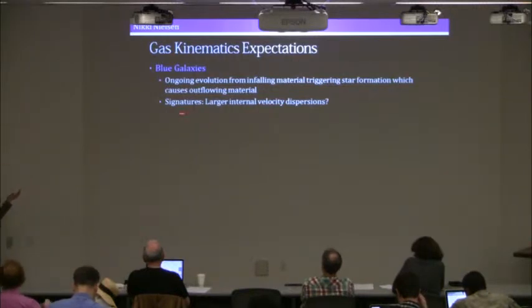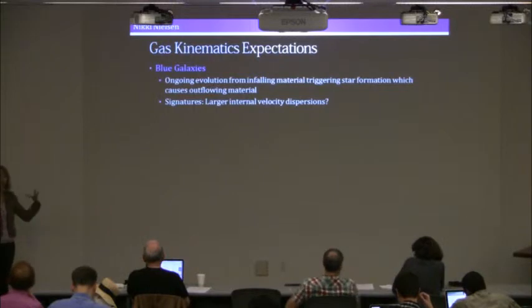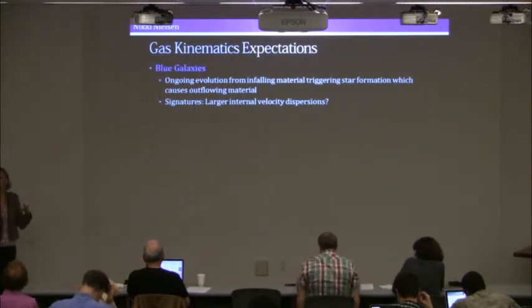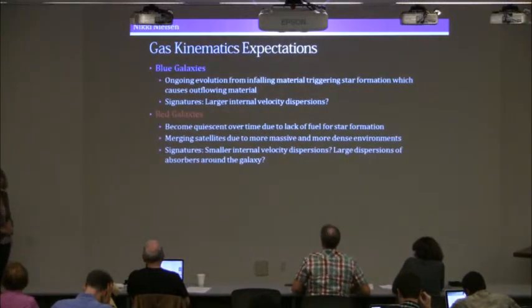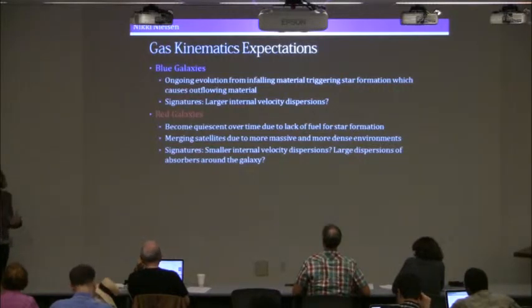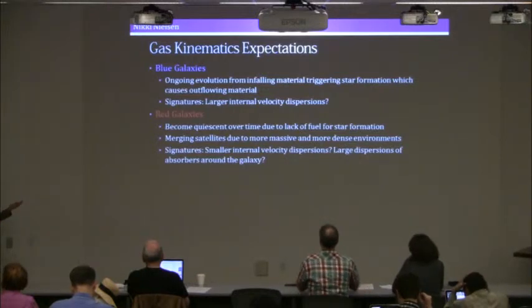So maybe with the TPCFs, we'll see large internal absorber velocity dispersions due to these outflows. Red galaxies are commonly called red and dead because the fuel for star formation has been shut off. So we don't expect to see infall and outgoing material.